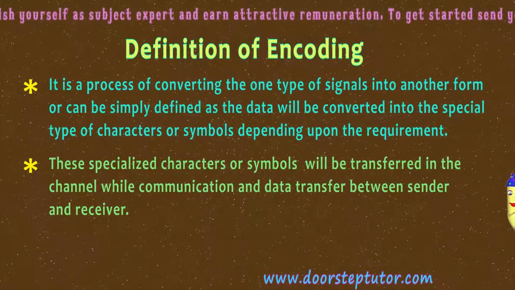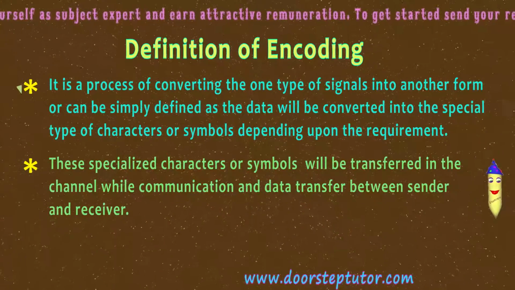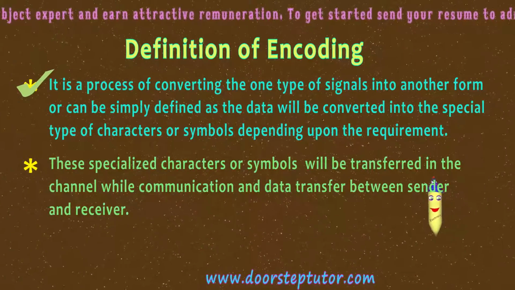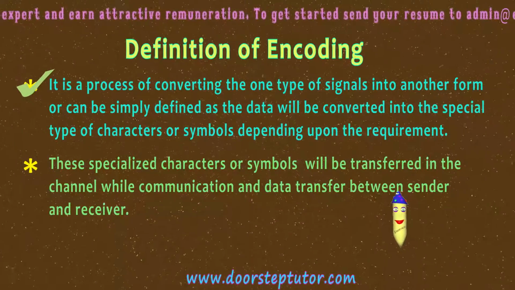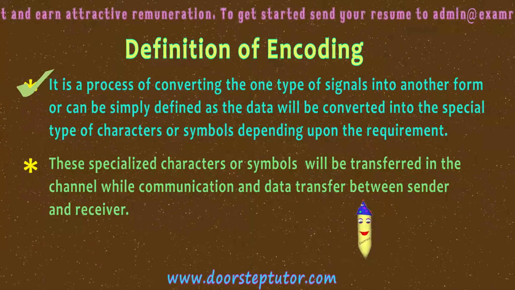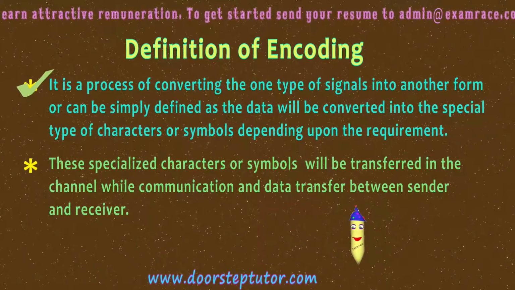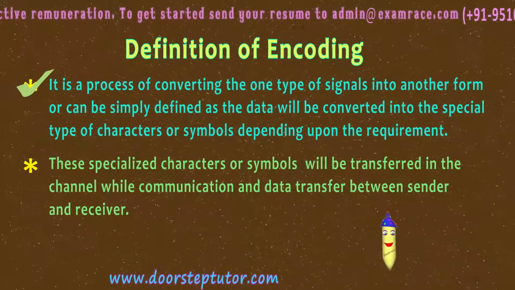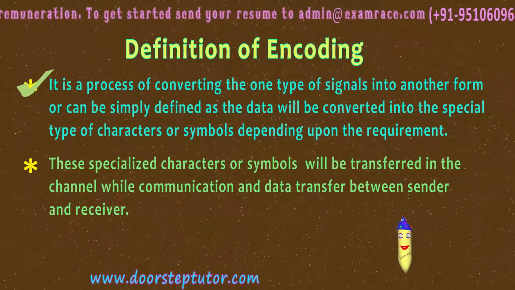What is the definition of encoding? Actually, it is a process of converting one type of signals into another form, or can be simply defined as the data that will be converted into special type of characters or symbols depending upon the requirement.